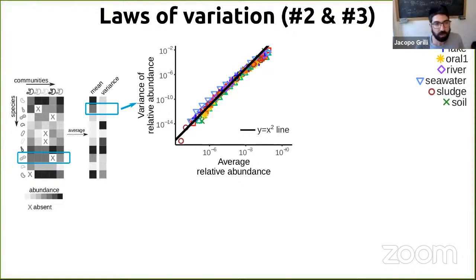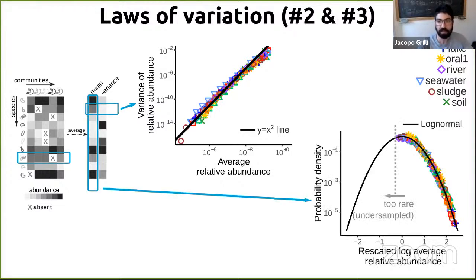So now the natural question to ask is, is there any regularity in the distribution of abundance across species? So what you find is that the distribution of average abundance is log-normally distributed across species. Again, for all the volumes I looked at. Now there is one caveat here. So again, we have sampling.